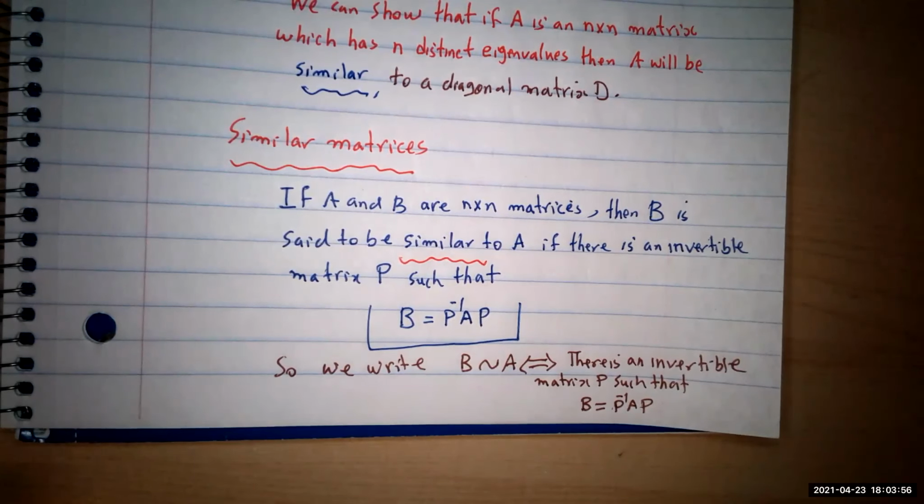They are not equal to each other, but they are equal to each other through a third matrix, if you like. So this is the notion of similarity.